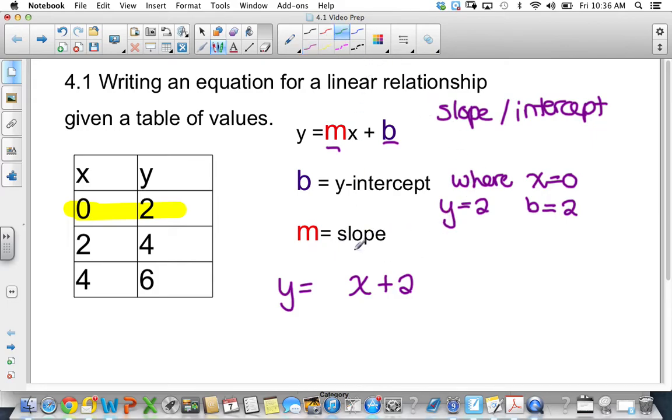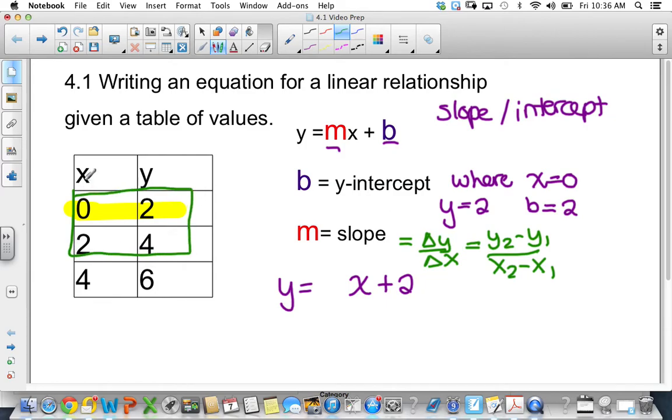We know the slope is the rise over the run, or the change in y's over the change in x, or the difference between two y values divided by the difference between their corresponding x values. So as I've mentioned, you want to pick any 2 points, and you're going to subtract their y values and subtract their x values. So I'm going to pick these two. I'm going to go 4 minus 2.